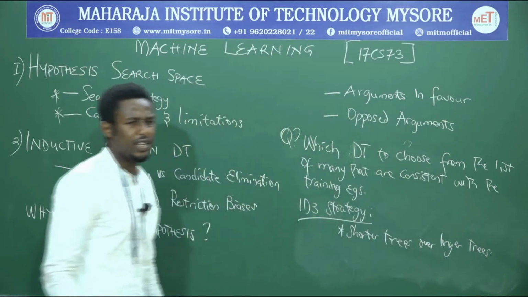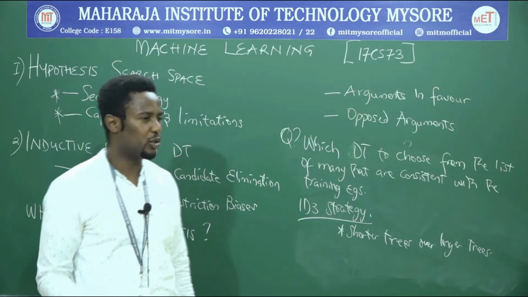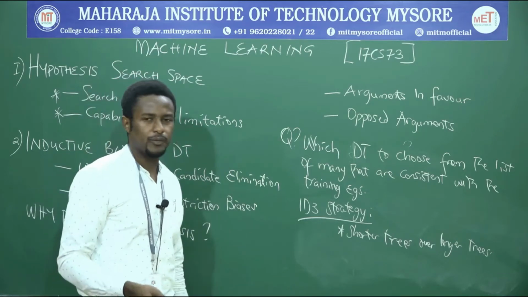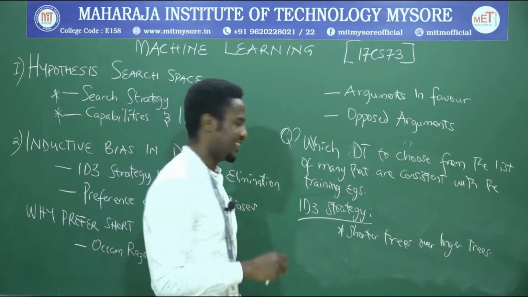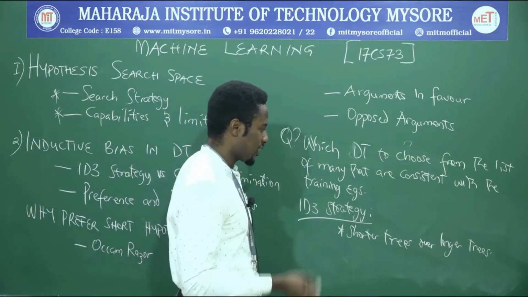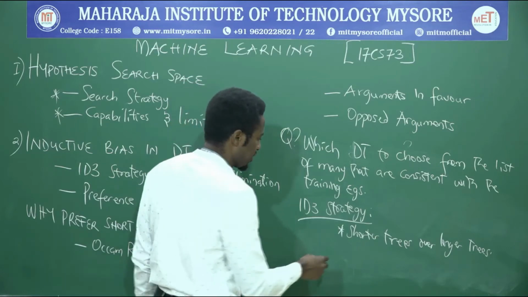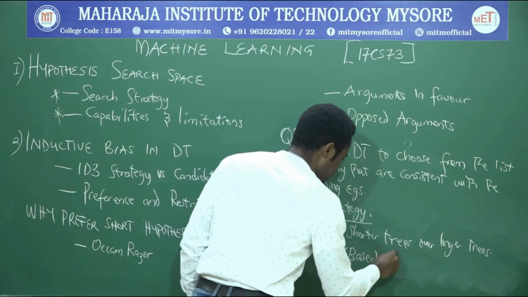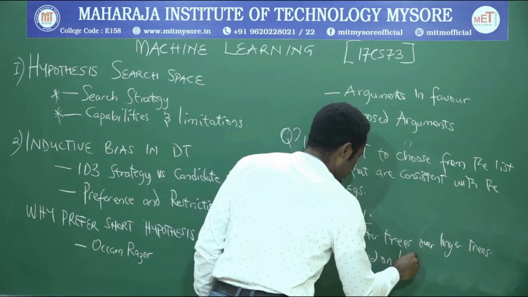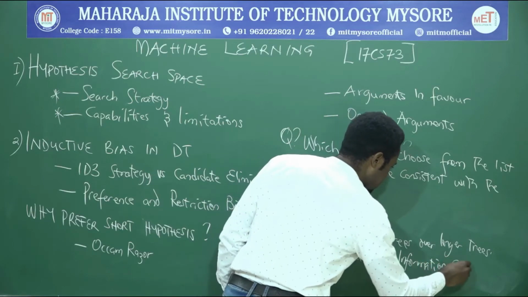Now it selects the tree that places the attribute with the highest information gain. Don't tell me you've forgotten. So when choosing the shorter tree over the longer ones, how will it decide then? We've done this in the previous class, based on information gain.